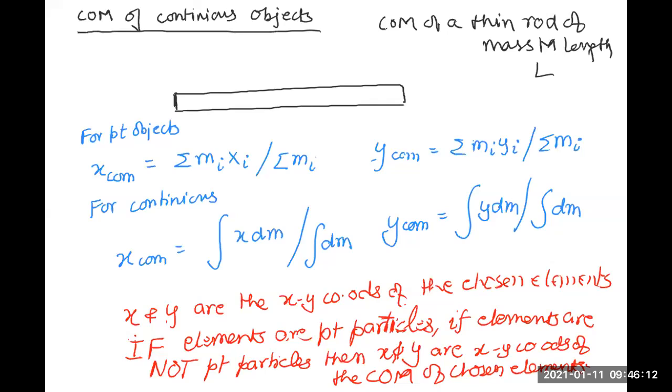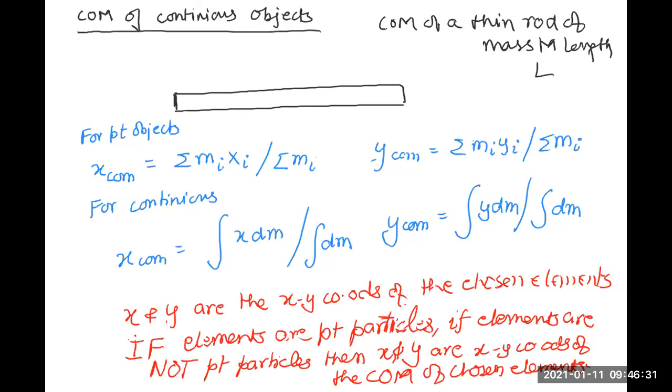So if I give you four particles and their coordinates, then all you have to do is the mass of the first particle into the x coordinate of the first particle, plus the mass of the second particle into the x coordinate of the second particle, and so on, divided by the sum of masses.